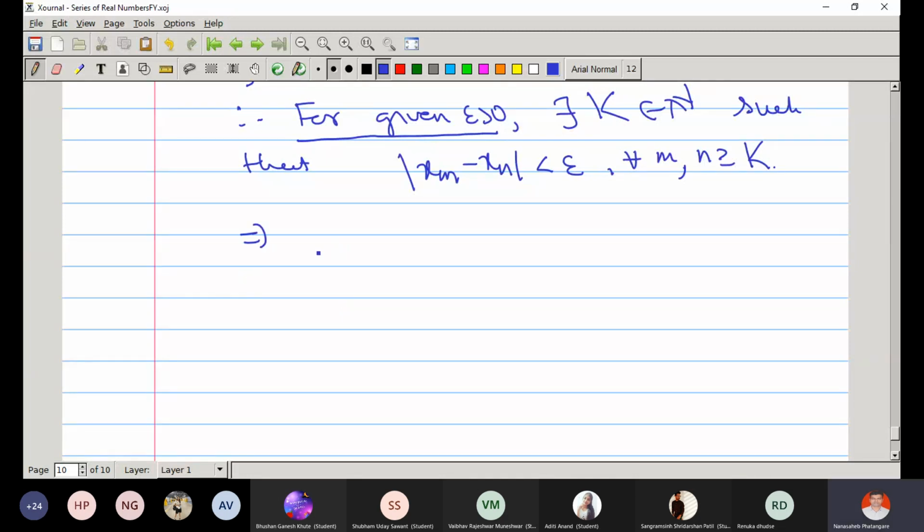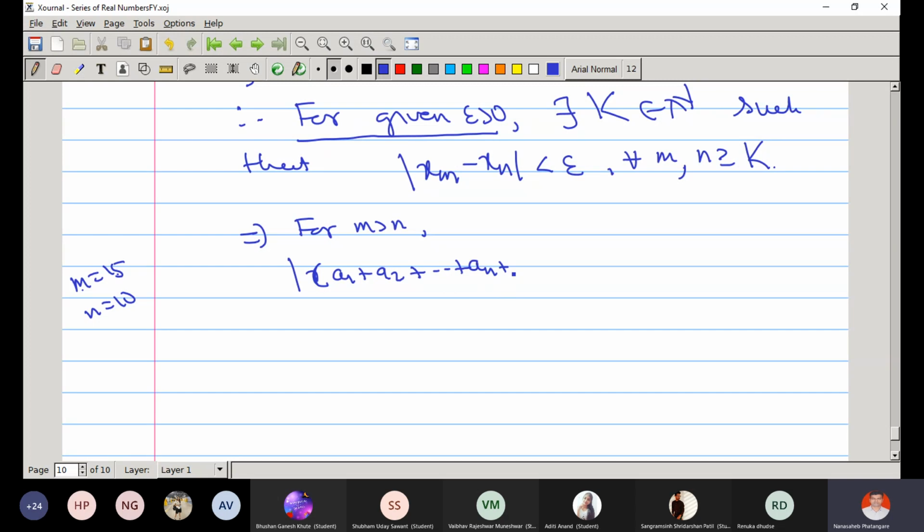But what is x_m? For m greater than n, x_m is a1 plus a2 up to am. And since m is greater than n, in between there are some terms. Suppose m is equal to 15 and n is equal to 10, and I want to write down x_m minus x_n.